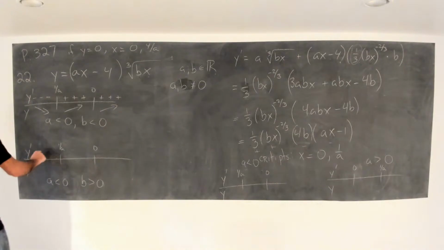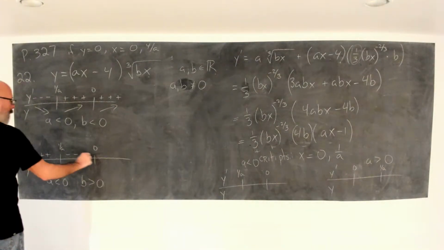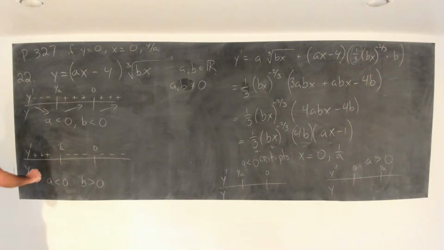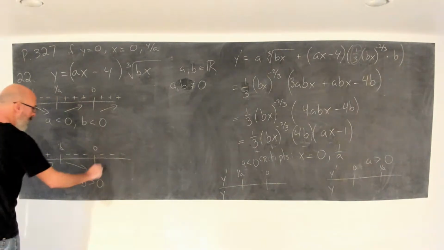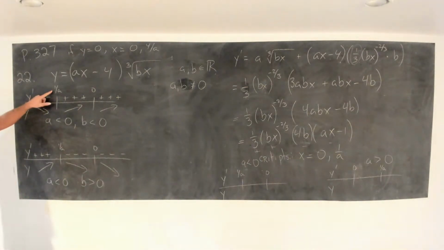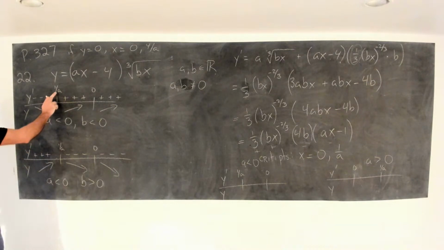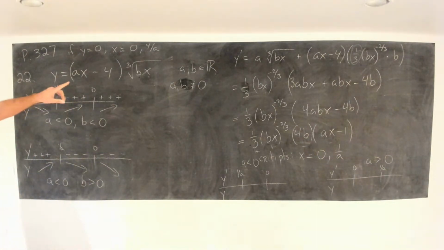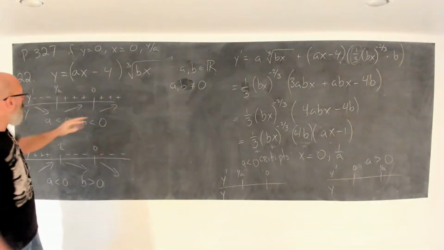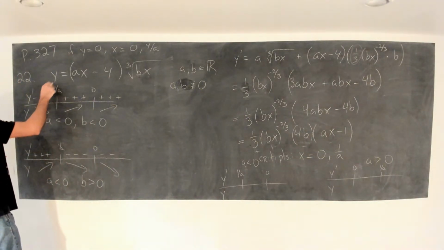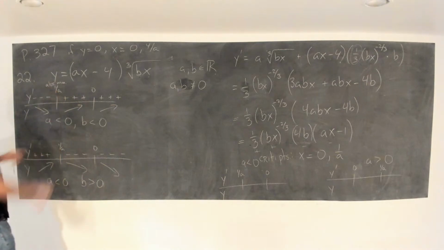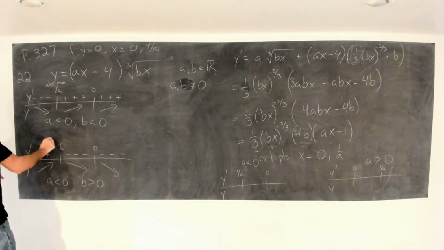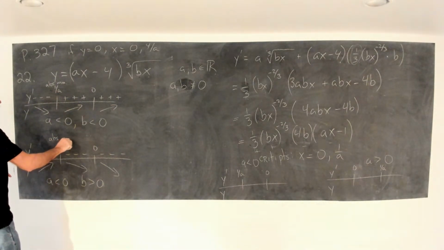So this is going to be positive, negative, negative, increasing, decreasing, decreasing. We should have pointed out here that since the domain is all real numbers, your function is decreasing and then increasing afterwards. We have an absolute minimum occurring at 1 over a, and over here we have an absolute maximum.